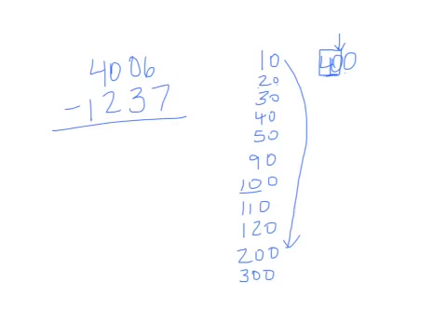So in this problem 4006, what I really have is not 40 tens, but 400 tens in that tens place. I can combine that with the two numbers next to it. That's actually 400 tens. So I'm going to draw a box around that, and I'm going to regroup from that.